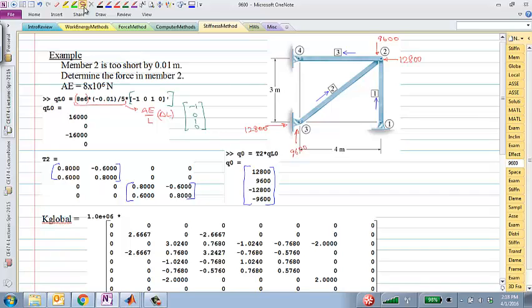Those would be the forces that I would apply to this truss to solve this problem, just so that I can account for that small delta L change.